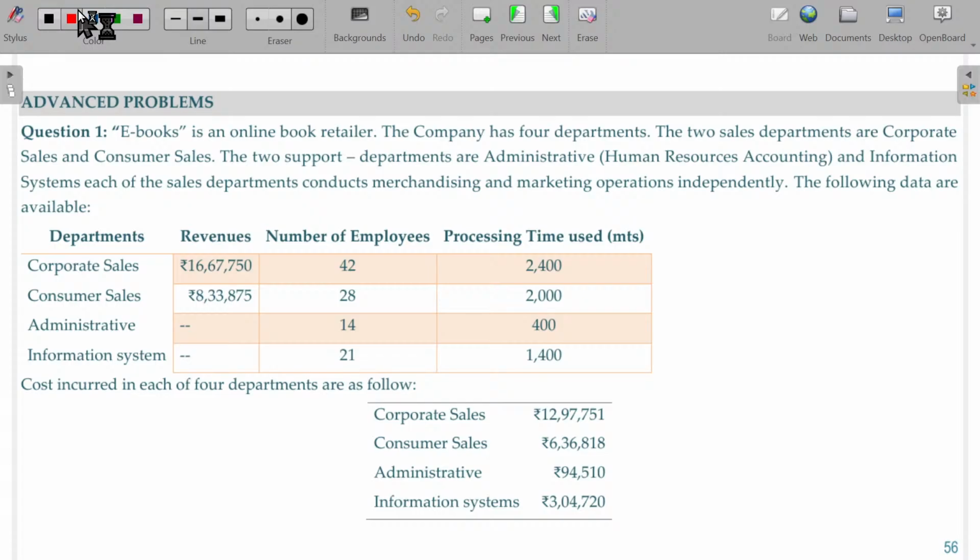Under secondary distribution, you have three models, right? What are the models you have? Repeated, trial and error method, and simultaneous equation, meaning reciprocal method. Under reciprocal method, you have three models. You can solve this illustration under all the three models. That's all.